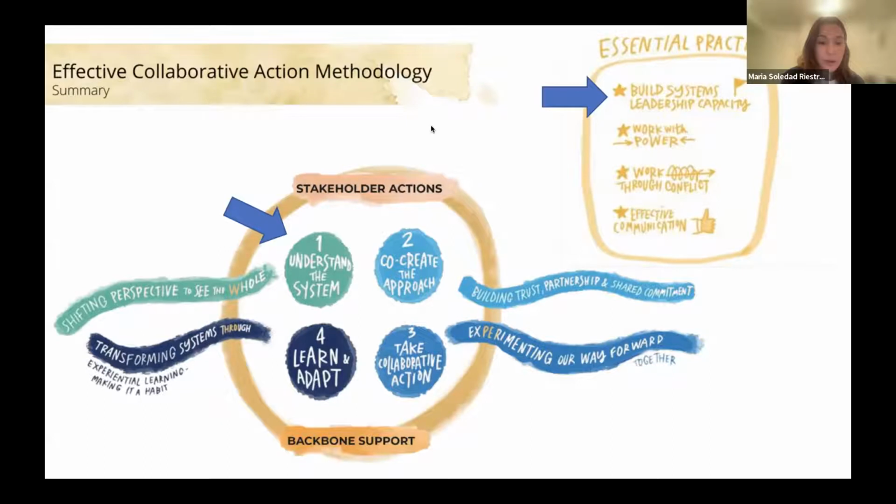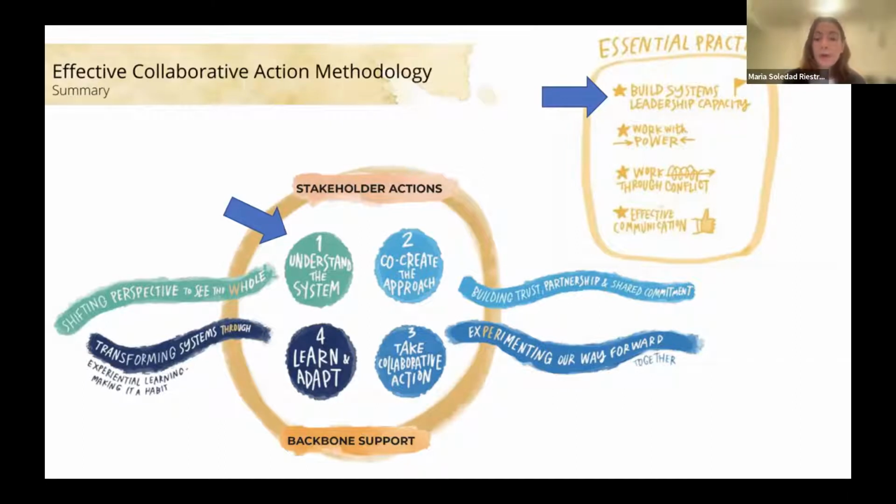Systems mapping can also help us take a step back and listen to the perspectives of various stakeholders, visualize the complexity, and this can be a great approach to uncovering new interconnections, relationships, and potential for change, as well as building trust, which is the theme of this month and the next one.